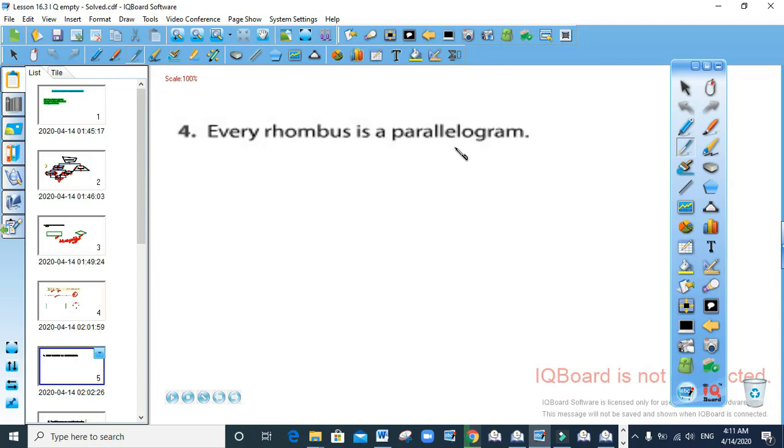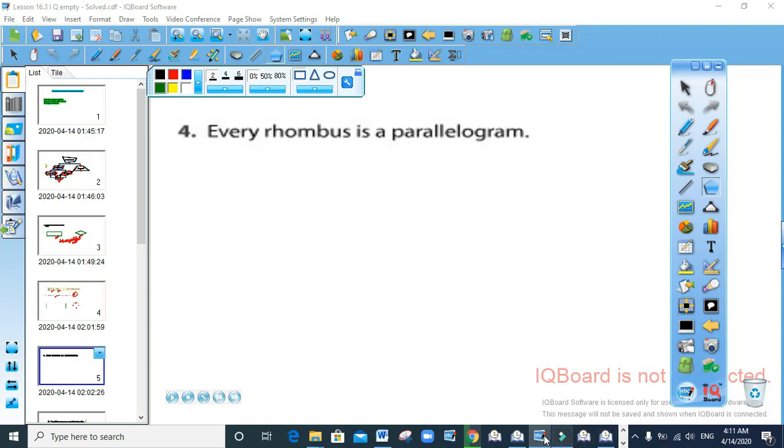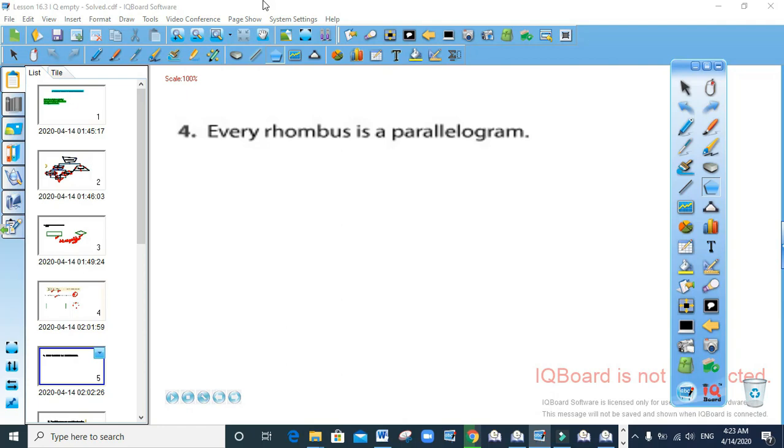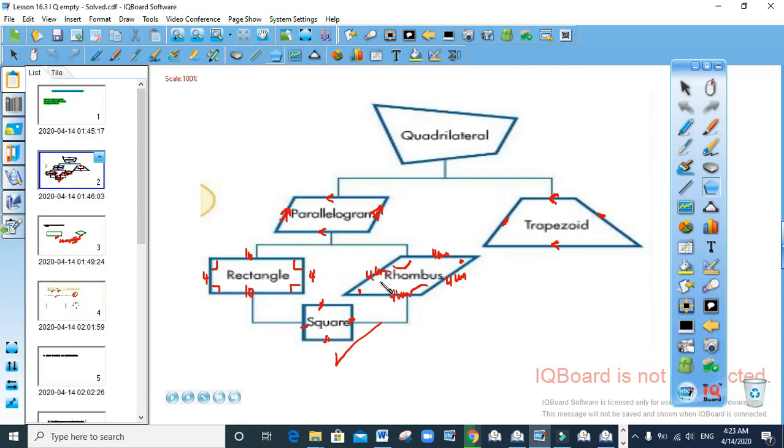Every rhombus is a parallelogram. Let's have a look here at the rhombus. In question 4, he's asking: every rhombus is a parallelogram. Here, if we have a look, this is our rhombus, and this is the parallelogram.